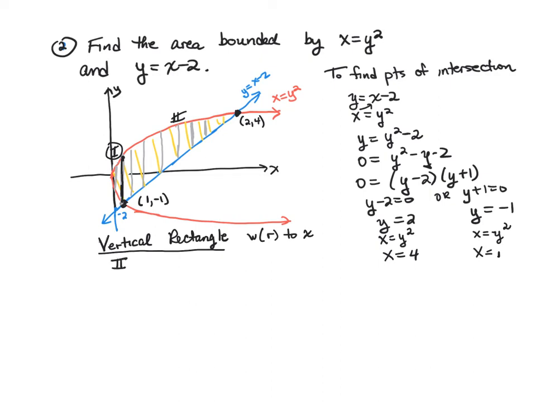So region 2 would be the definite integral from x equals 1 to x equals 2 of top, which is the parabola. But let's keep in mind that this was x equals y squared. So if we solve for y, we get positive or negative the square root of x.